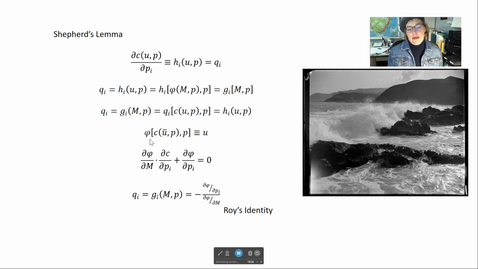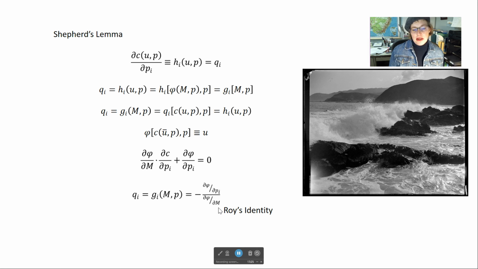And then if we have our indirect utility function and we substitute in the cost function, we have our utility function. If we differentiate our utility function with respect to income, our cost function with respect to price, and our indirect utility function with respect to the same price, then we get back our generalized or ordinary demand.